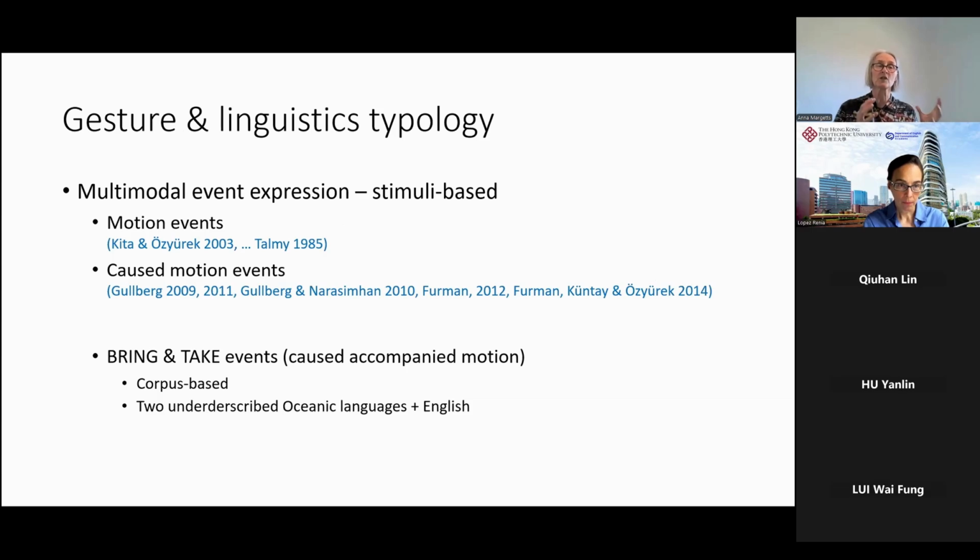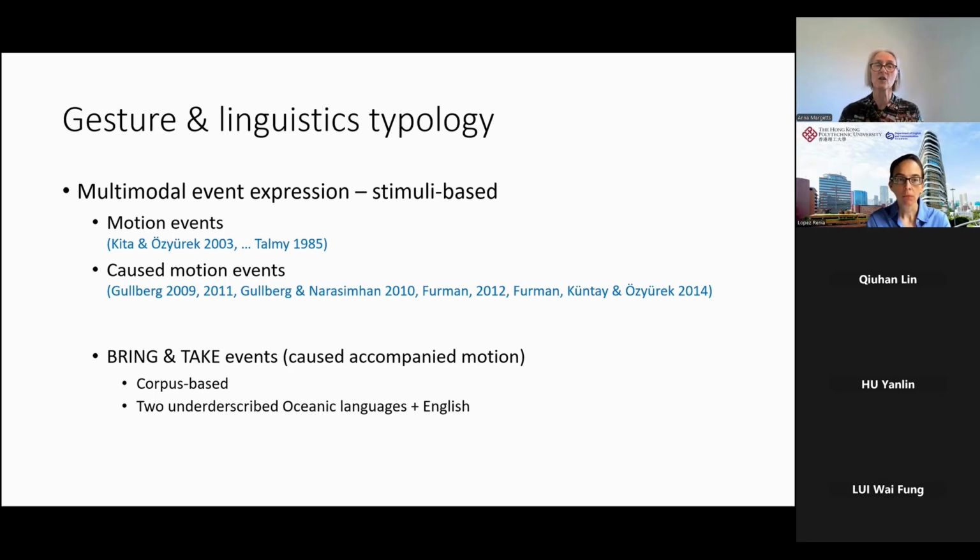And then there is also research somewhat less, and with fewer languages covered, notably by Gullberg and Fuhrmann and their co-authors on caused motion events. These studies are pretty much all stimuli based. So they make recordings.